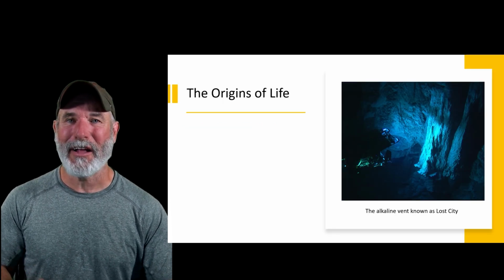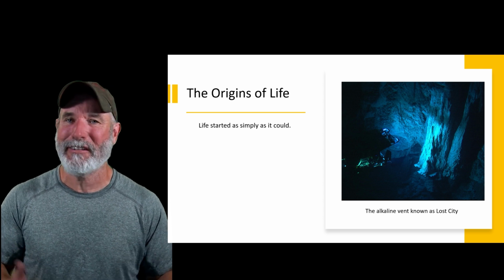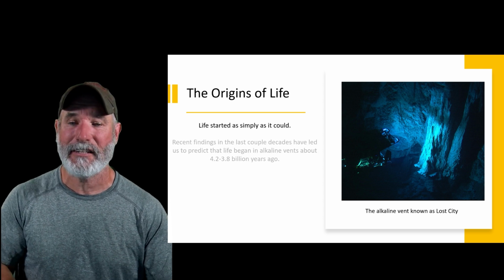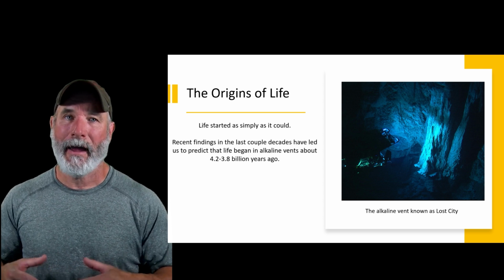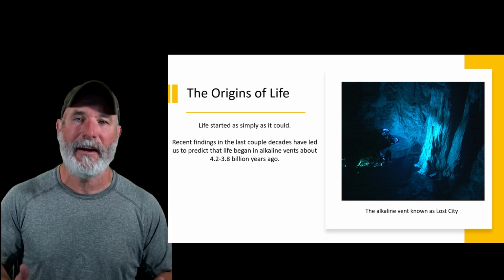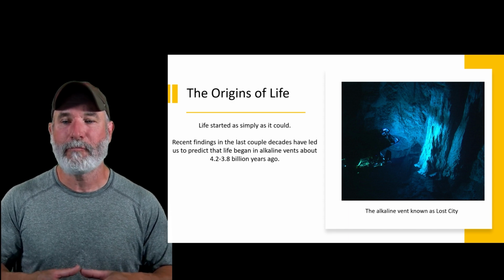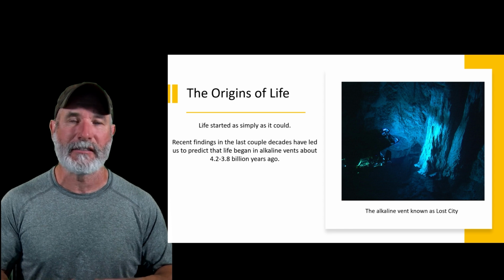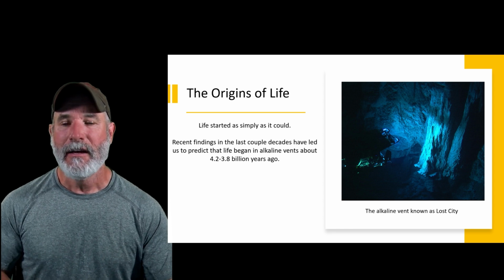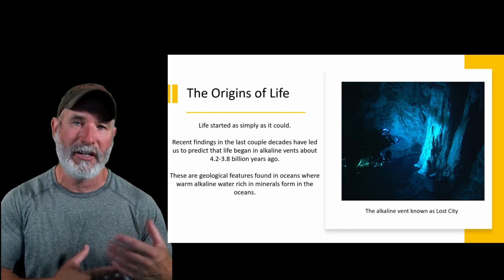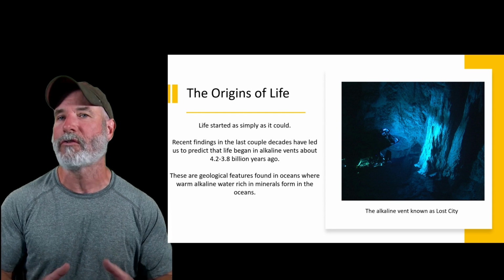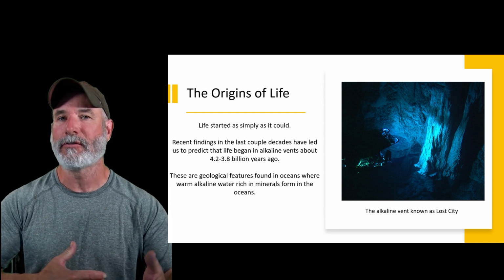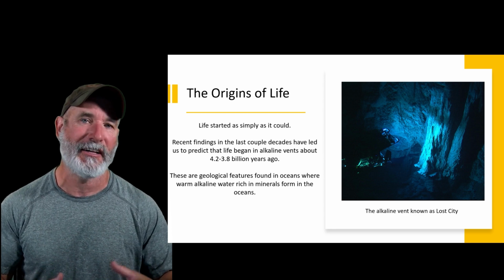So the origins of life, life started basically as simply as it could because it had to. And on our most recent findings in the last few decades, we predict that life probably started in something like an alkaline vent. And an alkaline vent, these are geological features where you get warm, mineral-rich water moving through these geological features that last thousands of years.